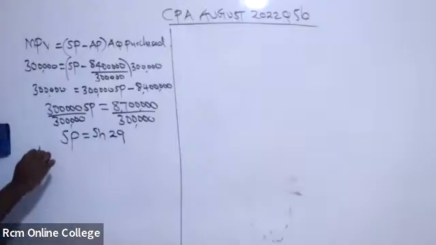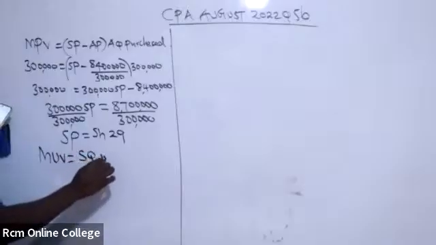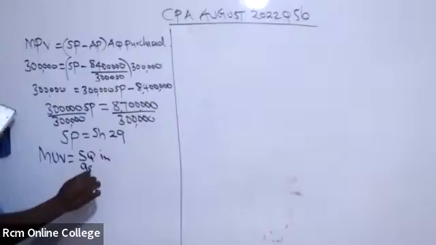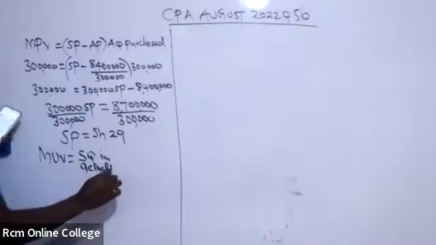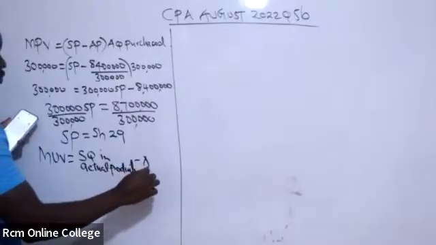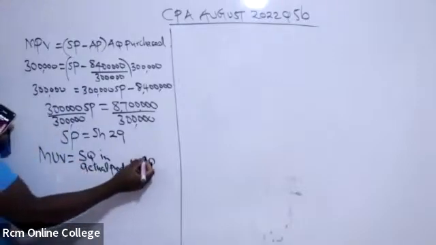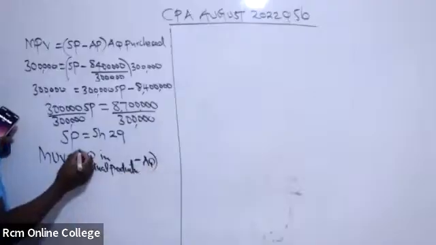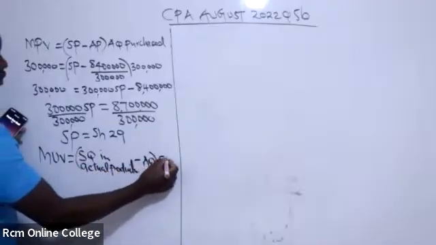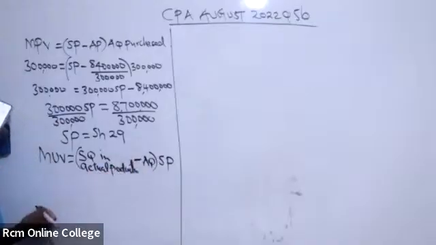So material usage variance is equal to the standard quantity of raw material in actual production, minus actual quantity of raw material, then multiply by standard purchasing price per kg of raw material. Good. So having done that, I'll come back here.